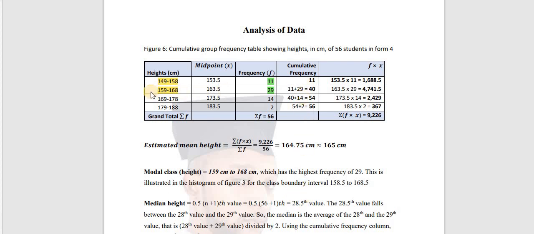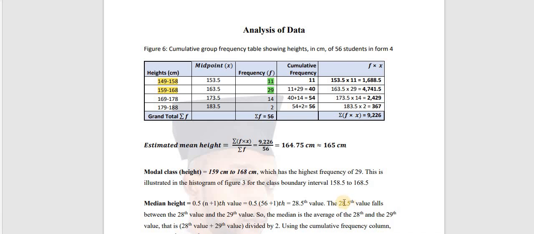If this category is from the 12th to the 40th, then the 28.5 position is really the 28th position plus the 29th position divided by 2.